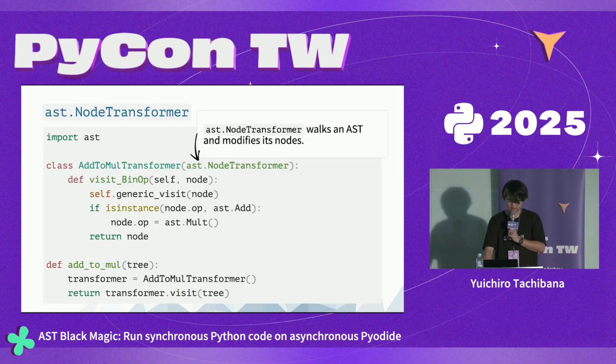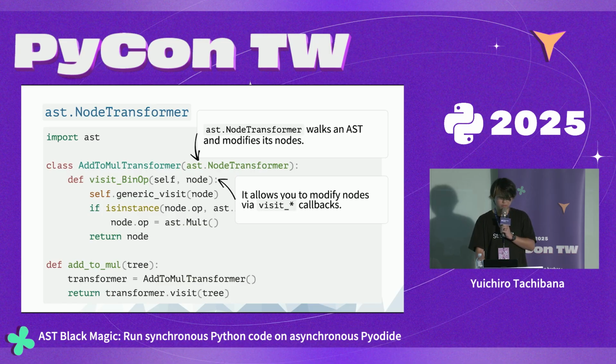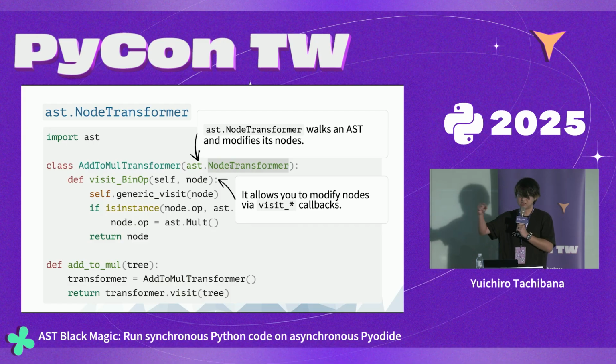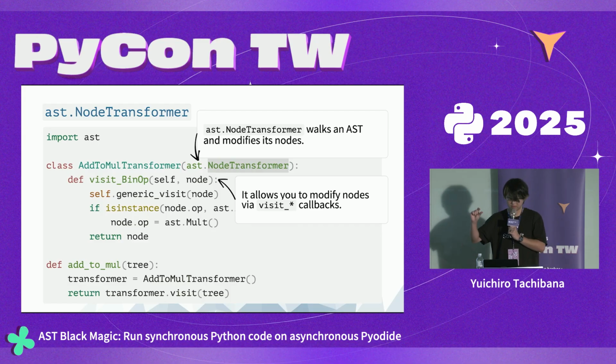By extending the ast.NodeTransformer-based class, you can create your own custom node transforming class that walks through the given AST object. And if you define some custom callbacks, in this case visit_BinOp, this node transformer reaches every node that is of type BinOp. You can have any control.